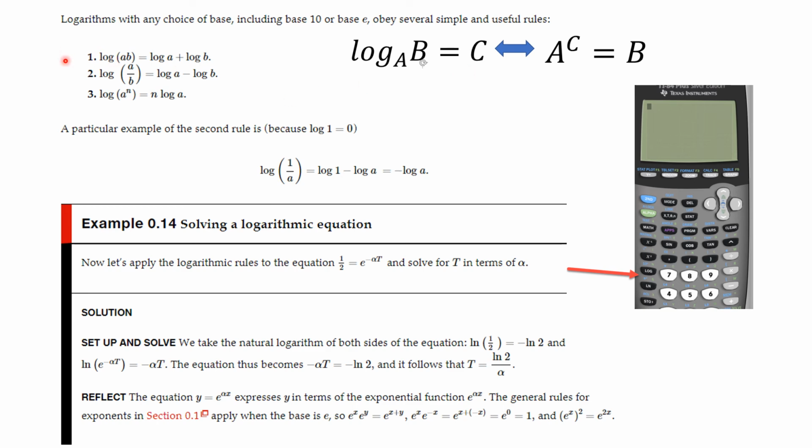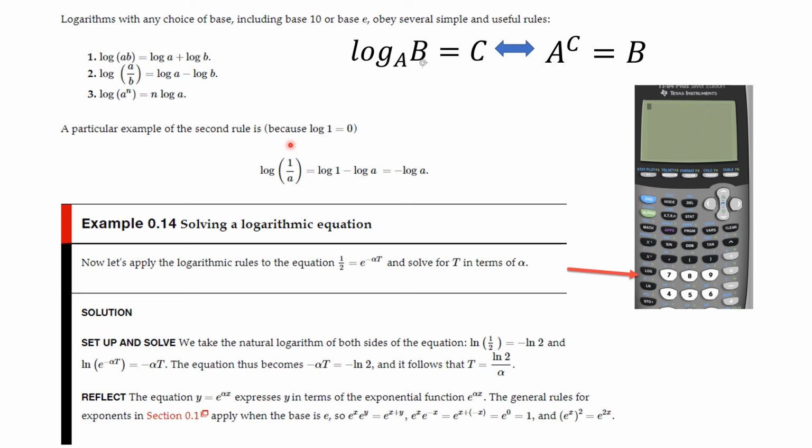There are some other properties. The logarithm of a times b is the logarithm of a plus the logarithm of b, just like exponents. The logarithm of a divided by b is the logarithm of a minus the logarithm of b, just like exponents. And the logarithm of a to the n is n times log a, just like exponents.